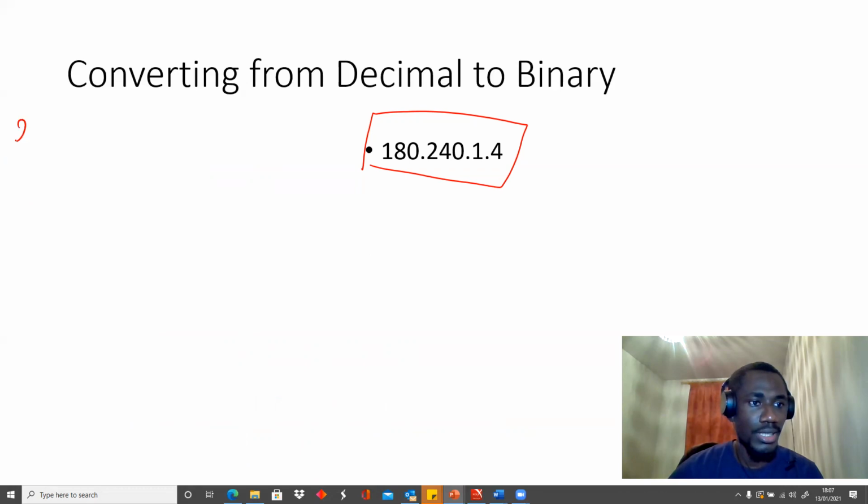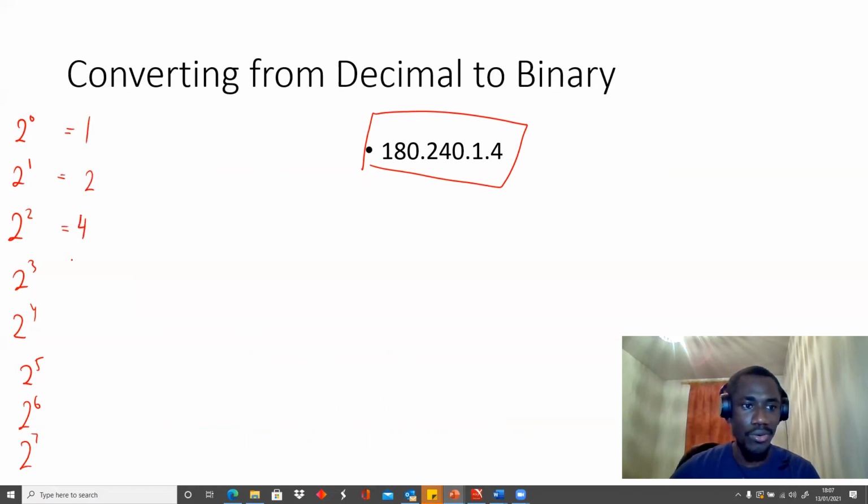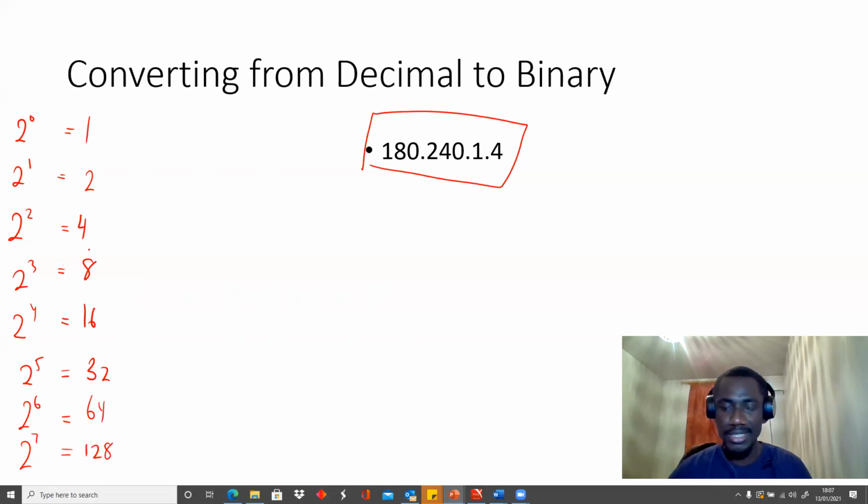Okay, so let's start with 2 power 0, 2 power 1, 2 power 2, 2 power 3, 2 power 4, 2 power 5, 2 power 6, 2 power 7. This is 1, 2, 4, 8, 16, 32, 64, and 128.